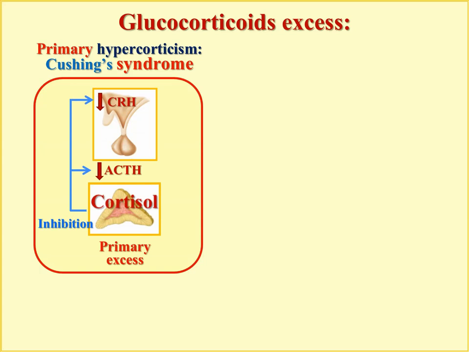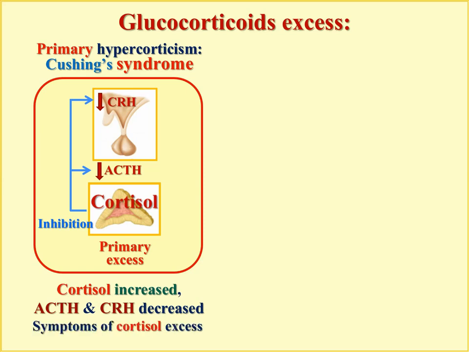Both CRH and ACTH are greatly inhibited. So when blood hormone levels are checked, we can see cortisol is increased and simultaneously ACTH and CRH are decreased. And all symptoms of cortisol excess are present.